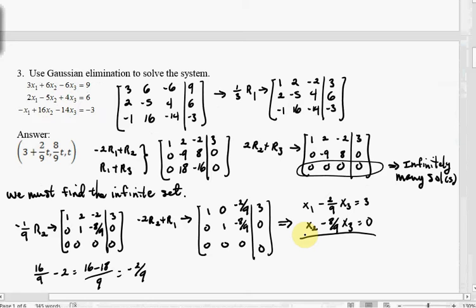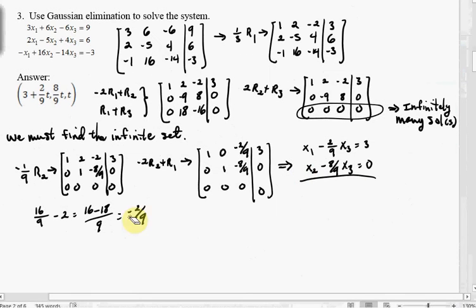Notice how both equations have an x sub 3 in them. So both equations depend on x sub 3. So the dependent variable here, or the floating variable, would be x sub 3. Scroll down a little bit. We don't need this. This was our scratch work.